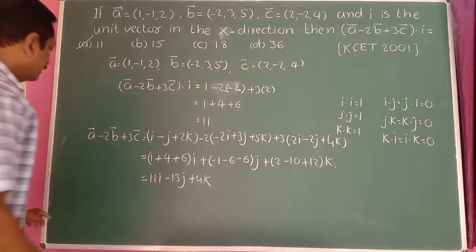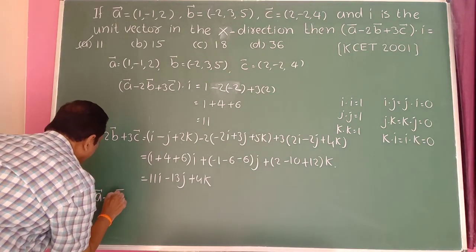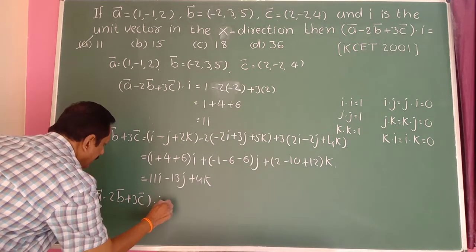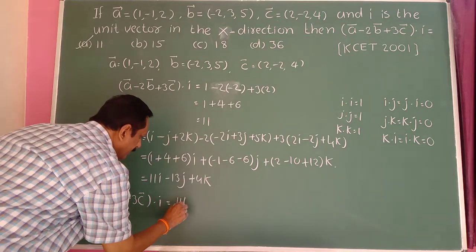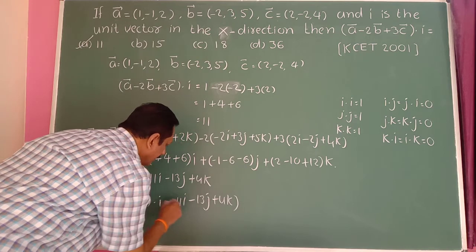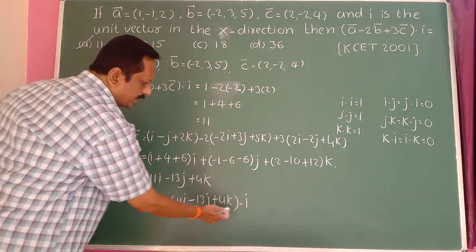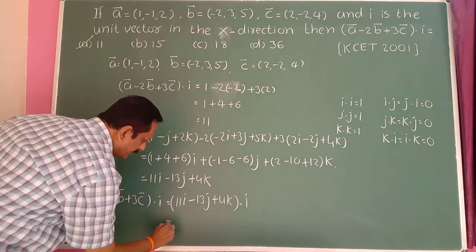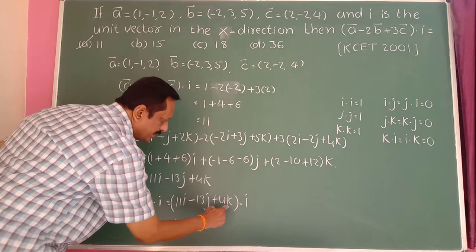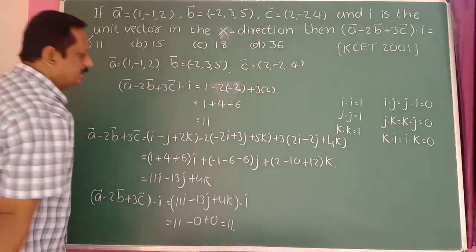Hence A bar minus 2 into B bar plus 3 into the vector C bar, dot i, is equal to 11i minus 13j plus 4k dot i. Hence i dot i becomes 1, so it gives 11. j dot i becomes 0, k dot i is 0, so it becomes 0. Therefore the answer is 11 here.